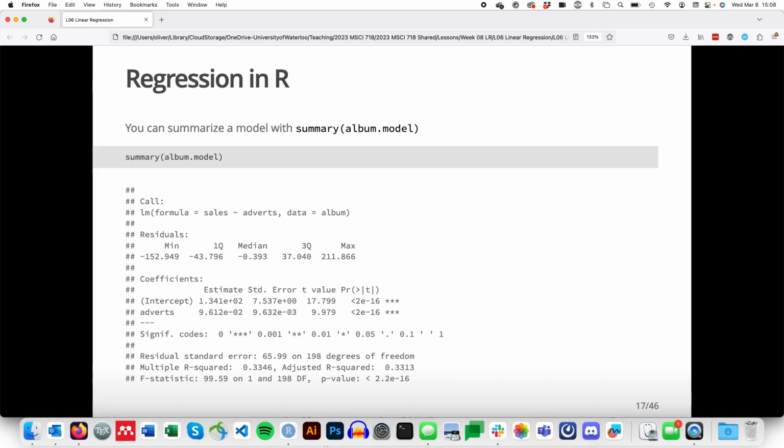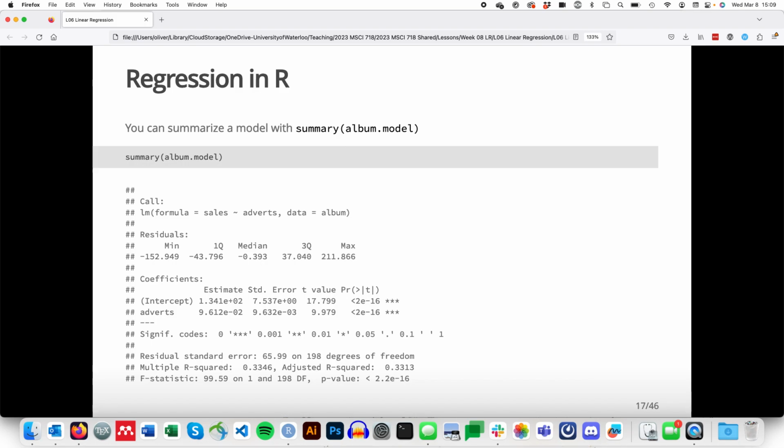Okay. And for coefficients, we have the estimated ones, which we can call B0 and B1, which are the expected values of beta 0 and beta 1. And the standard error can also show us the confidence interval.